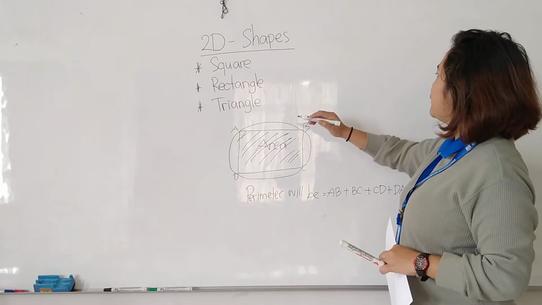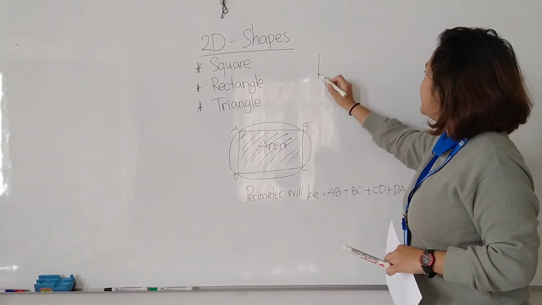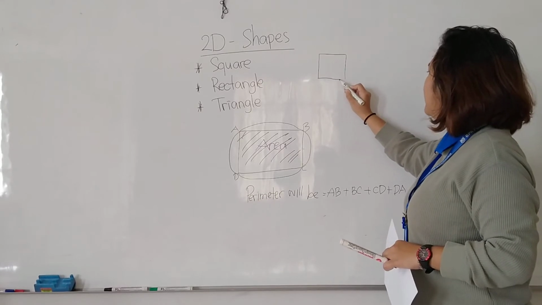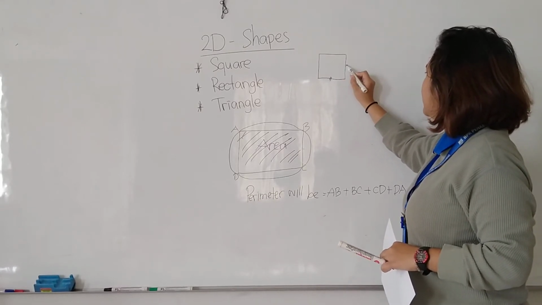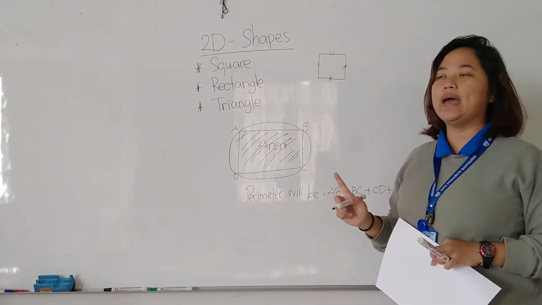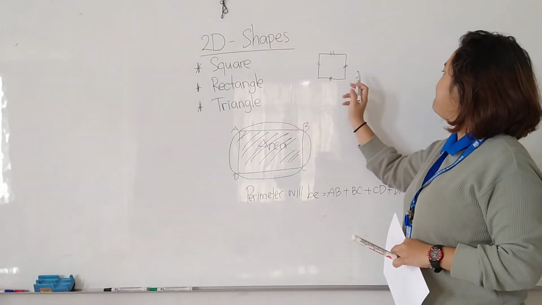If you have a square, as we know, a square is the shape that has the same length for all the sides. I will give the symbol to make you sure that a square always has the same length.